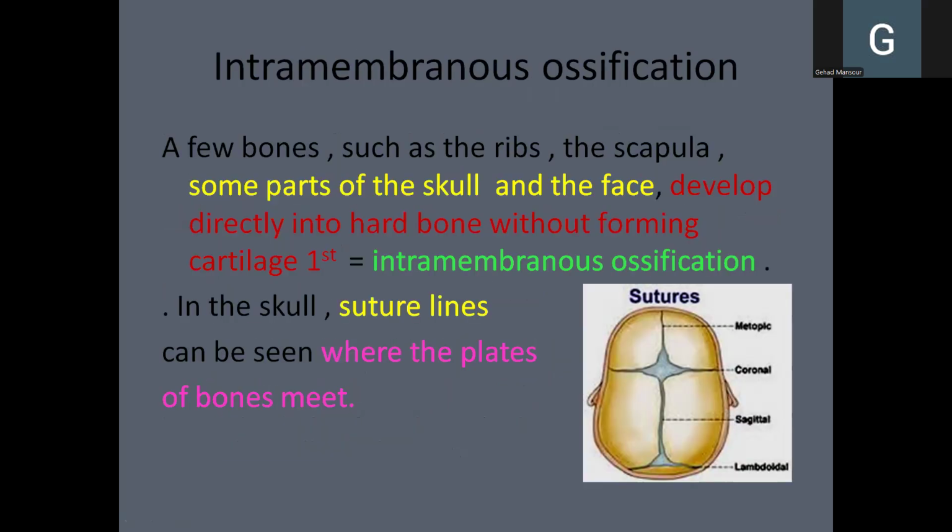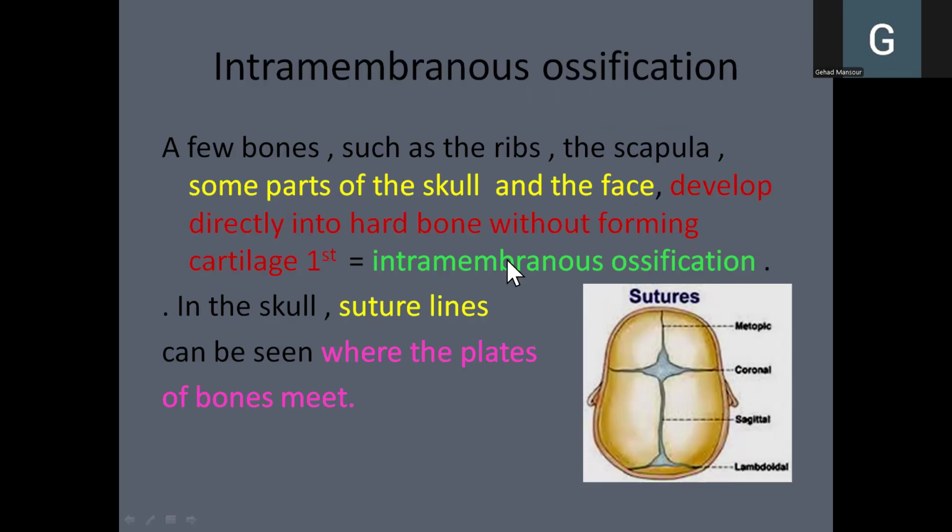But there is another type of ossification that is called intramembranous ossification, meaning that in flat bones in particular, like in the ribs, in the scapula, in some flat bones of the skull, as you can see, and some bones of the face, what happens is that there is no cartilage formation.